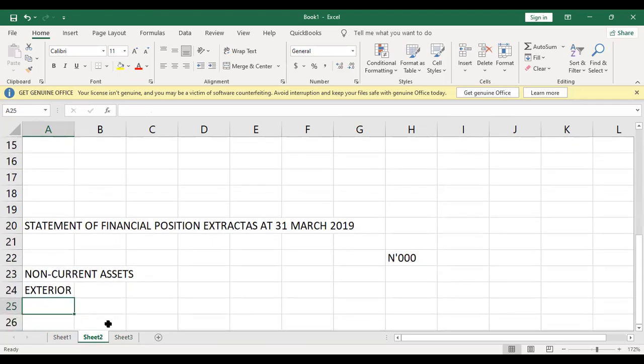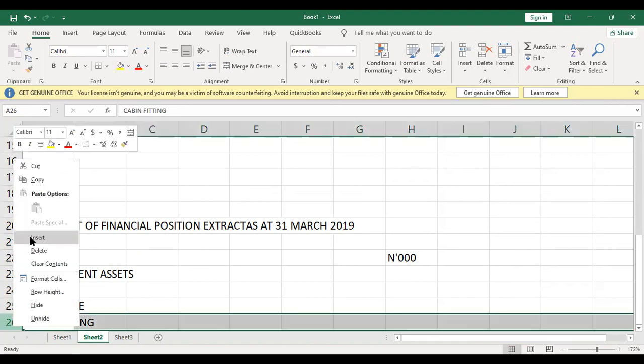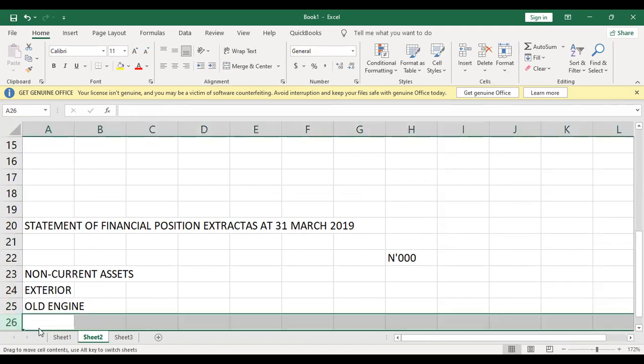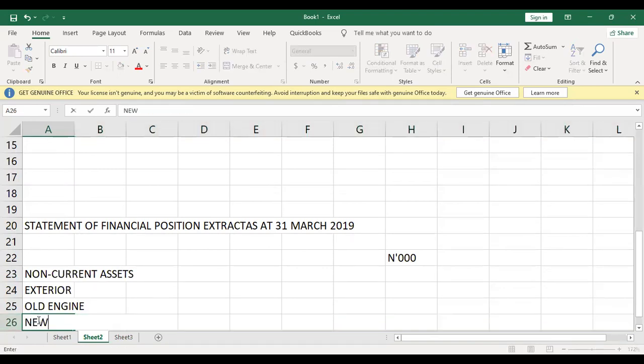Just list them: exterior, engines, and cabin fittings. Let me divide the engines into 2, old engine and new engine, so that we can analyze it properly.